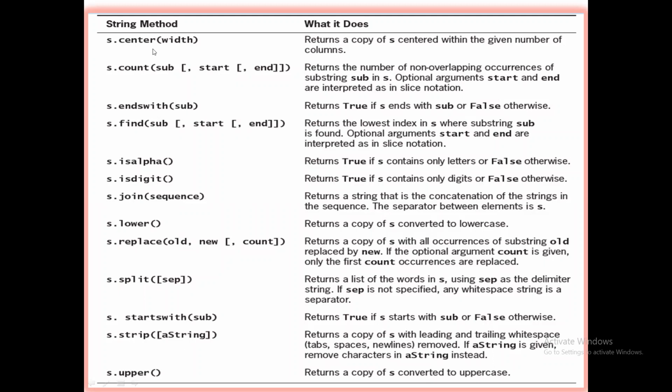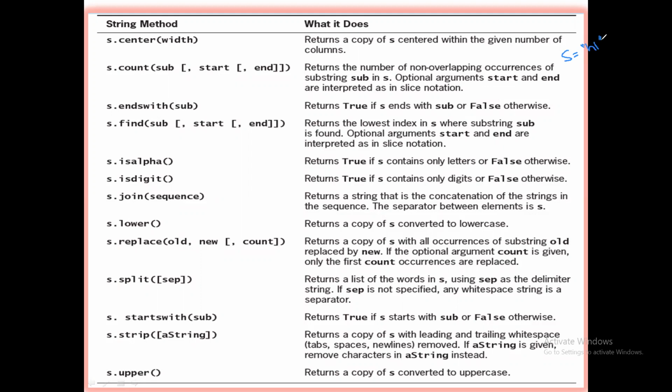This means that you center the string into a specified width. For example, say I have a string, s is equal to hi. So this is my string created in a Python program.